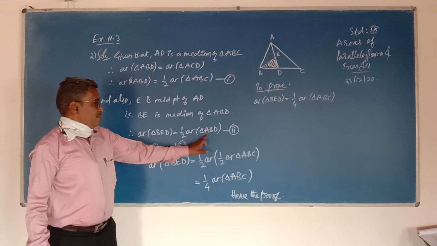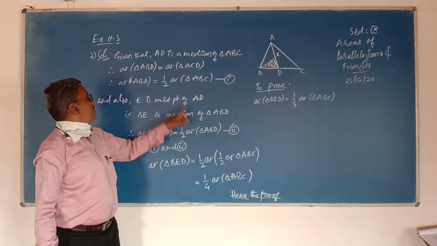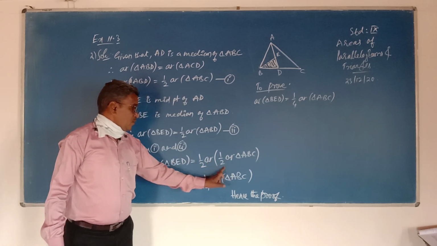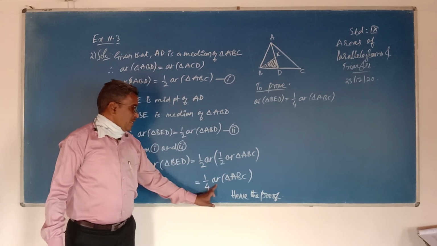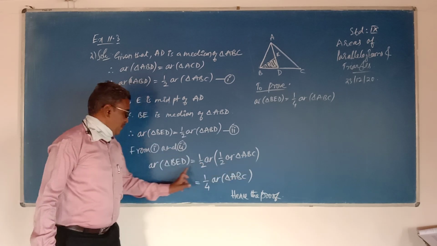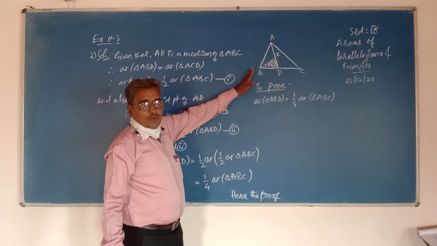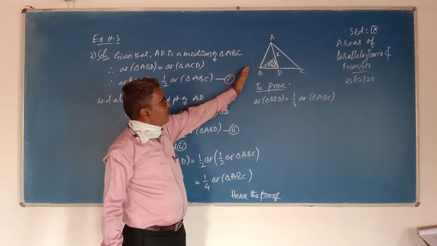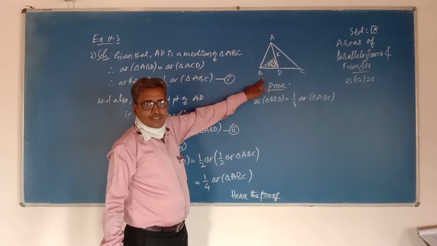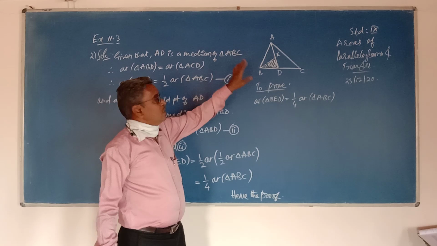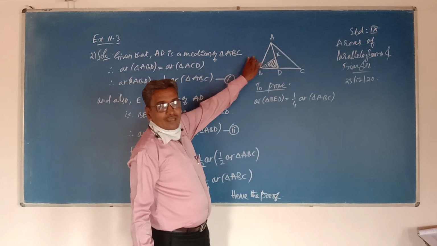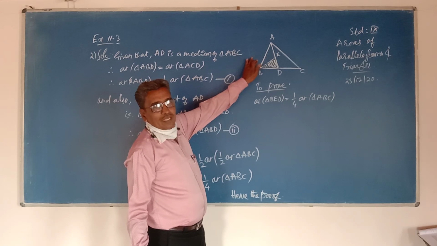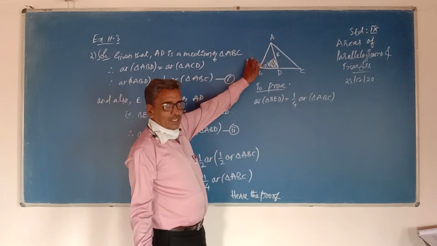Instead of ABD we substituted half of ABC, so half into half is 1/4 area of triangle ABC. It means when E is the midpoint of the median AD of triangle ABC, then BED is 1/4 of the triangle ABC. What about ABE? ABE is also 1/4 of the triangle ABC.